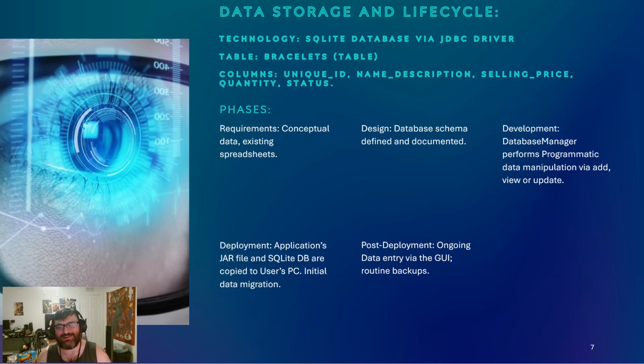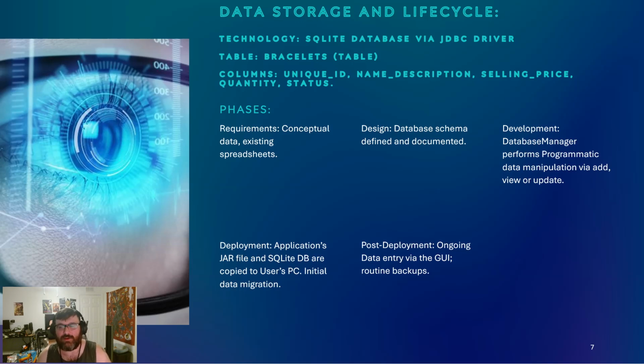The next step after that is deployment, in which we're going to move the application's JAR file and the SQLite database. After we've compiled the JAR file, we're going to copy those over to the user's PC. That's where we're going to start the actual data migration of any spreadsheets they need to implement.